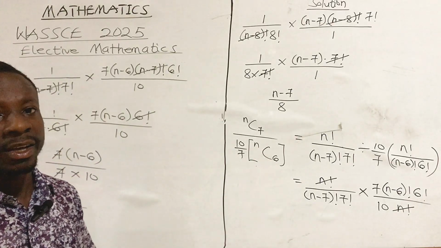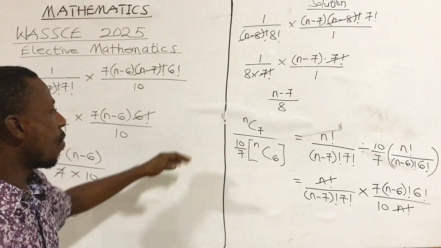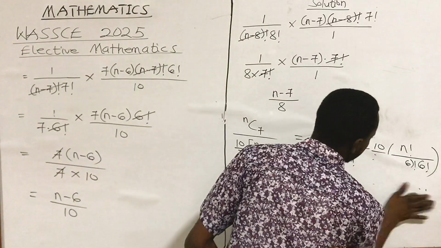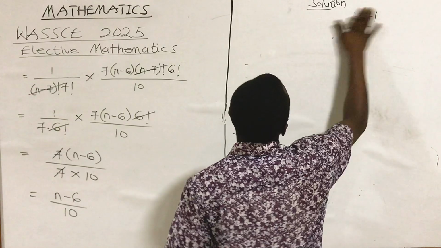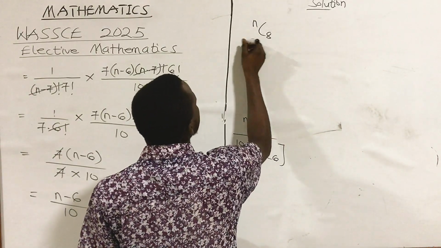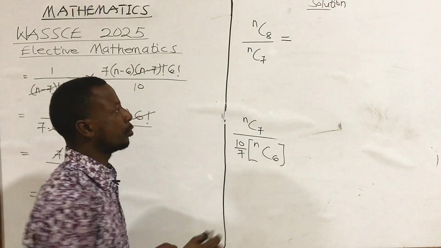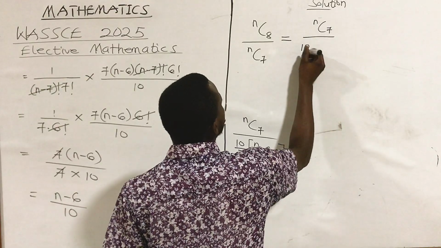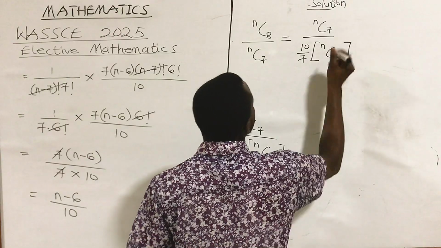From the onset, we said that n combination 8 over n combination 7 should be equal to n combination 7 all over 10 over 7 multiplying n combination 6.